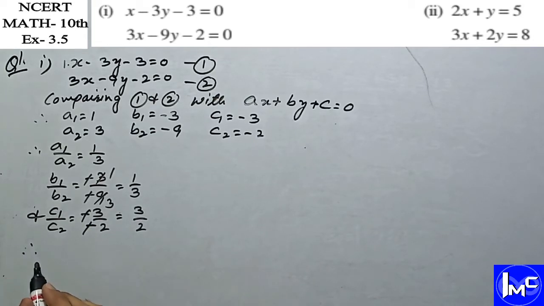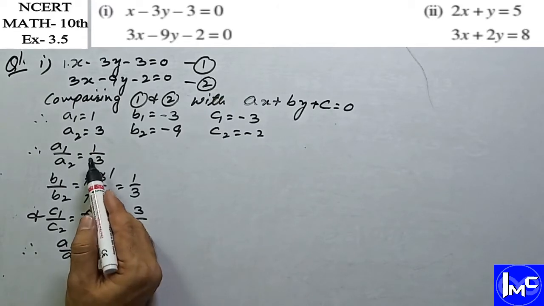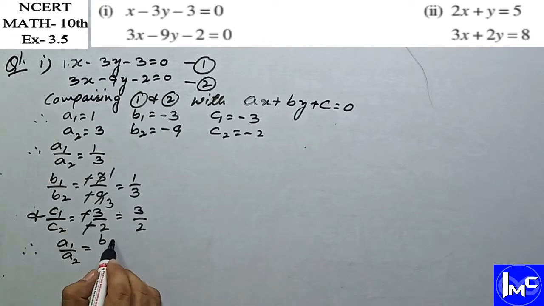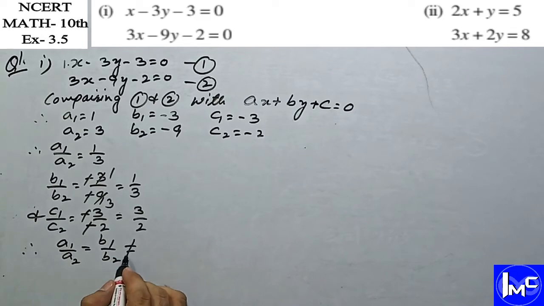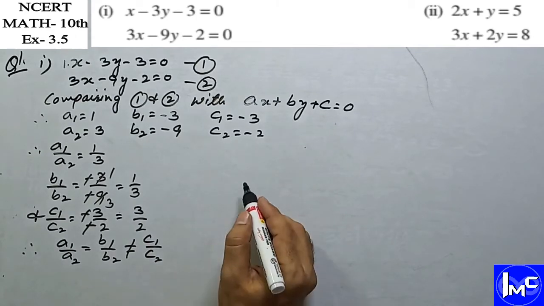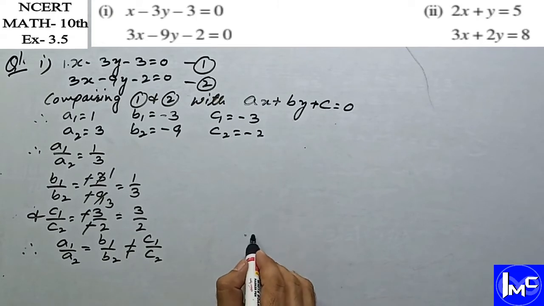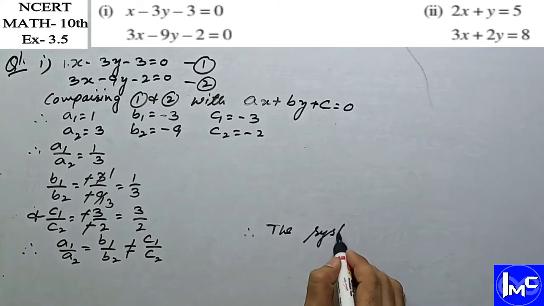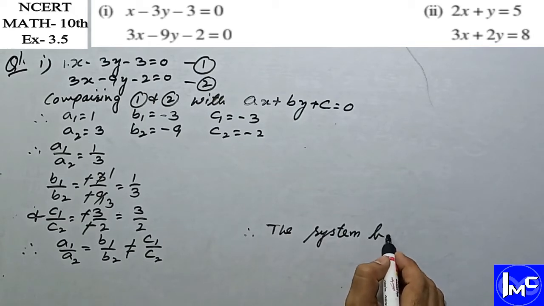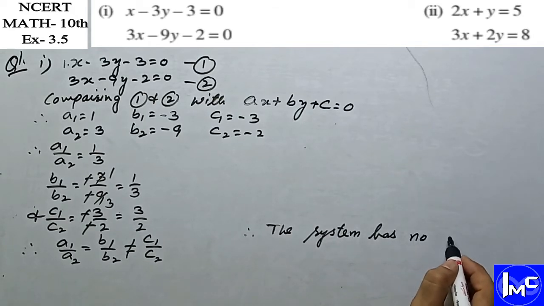So a1 over a2 is 1 by 3, equal to b1 over b2, which is also 1 by 3, but these are not equal to c1 over c2, which is 3 by 2, so this is a case of no solution. Therefore the system has no solution.